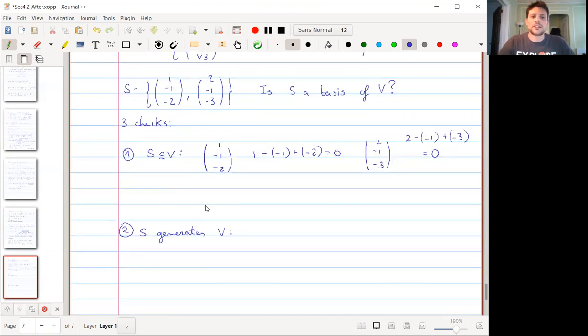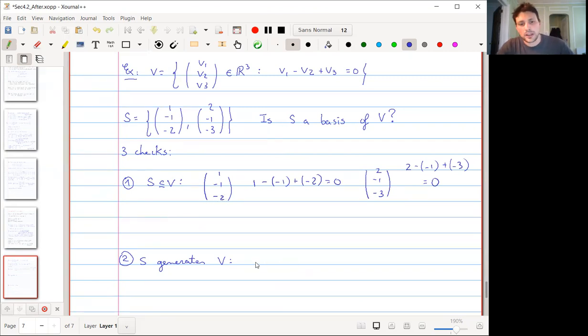Let's check that S generates V. We can use the same trick as before. If an element is in V, then we can write this element as follows, getting rid of the first variable, v1 equals v2 minus v3, leaving v2 and v3. So we can write it as a span of, well, v2 times 1, 1, 0, and v3 times minus 1, 0, 1.